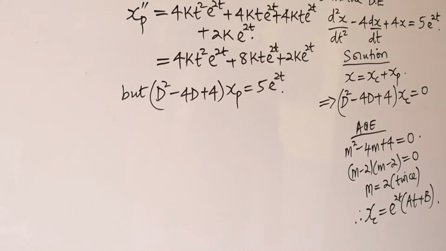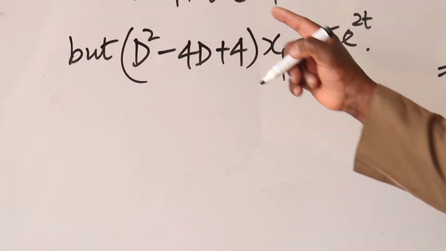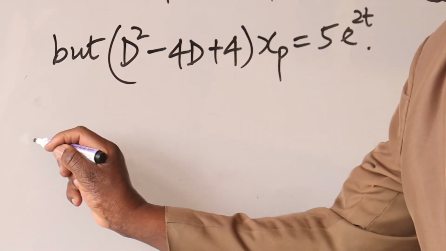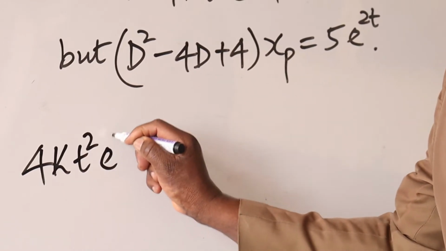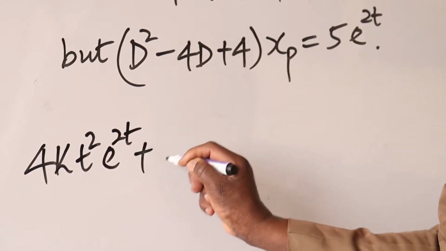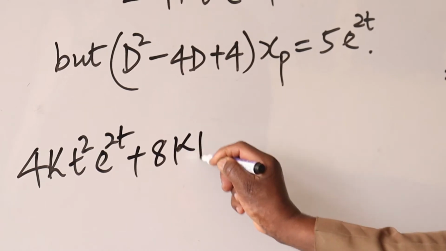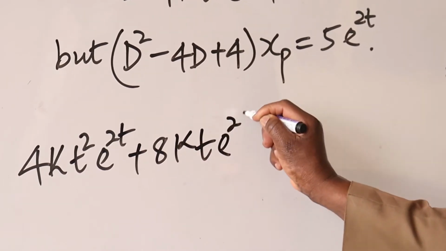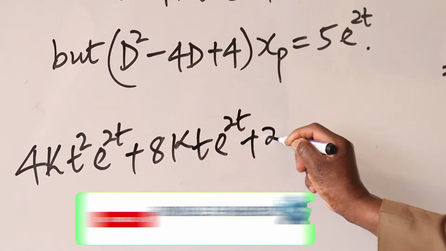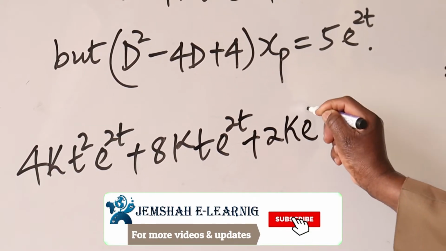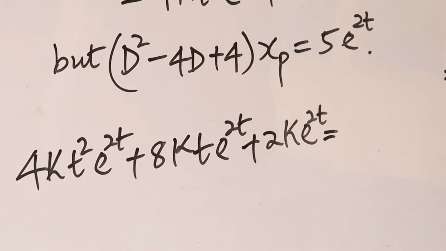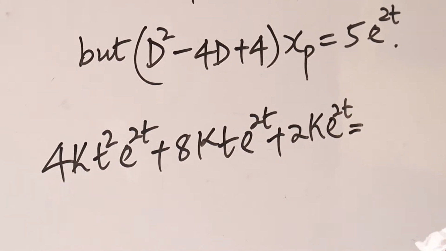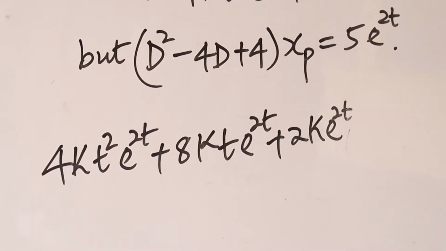D squared times xp, the second derivative, which we write down: 4k t squared exponential 2t plus 8k t exponential 2t plus 2k exponential 2t. Then we have not subtracted those other ones.